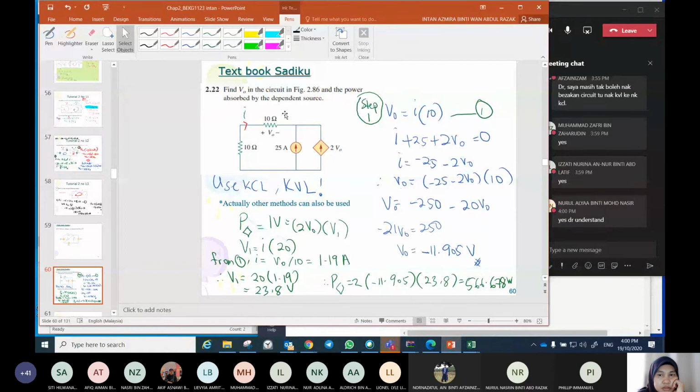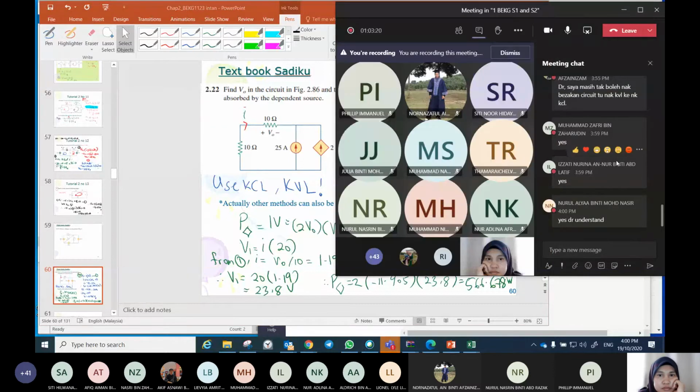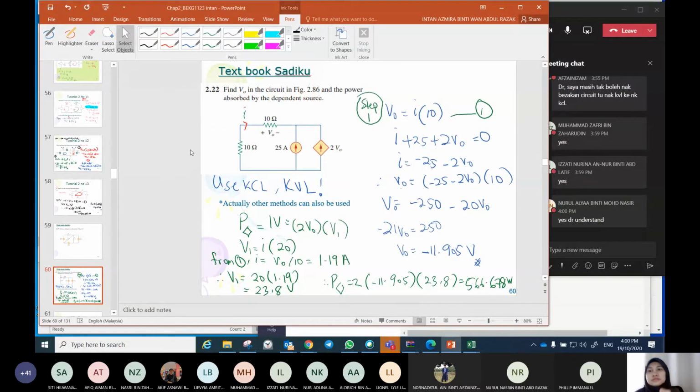Where is the dependent source? Where is the dependent source here? Hidayah? Which one is dependent source, Hidayah?